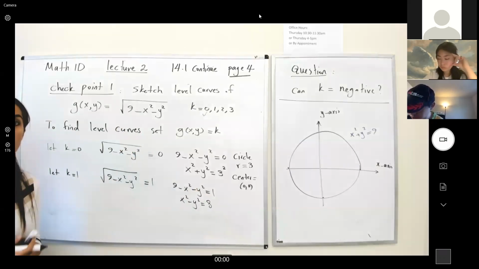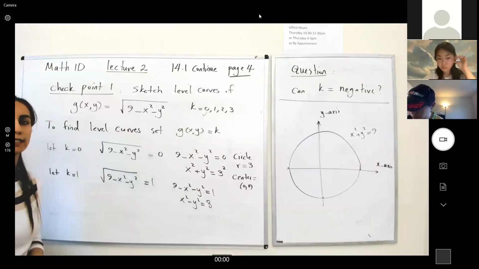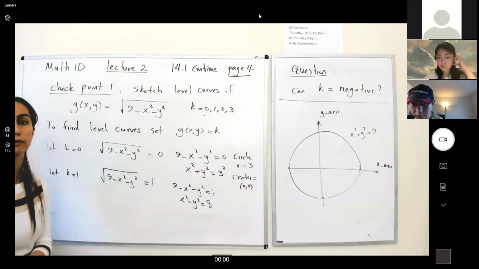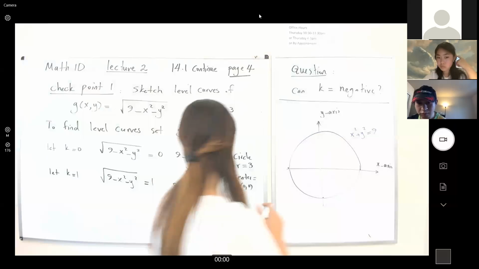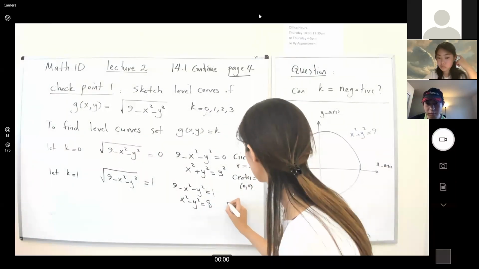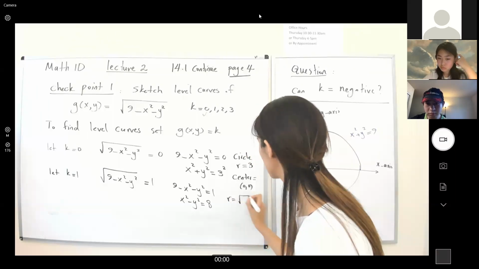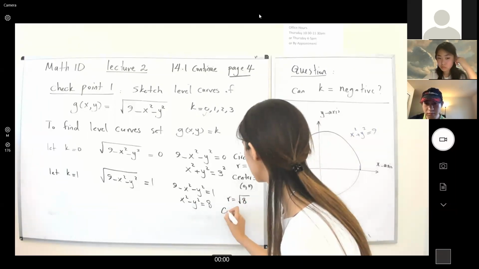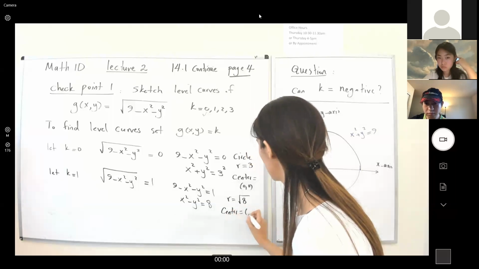So in this case, you have a circle with radius equal to square root of 8, 2 point something. So radius is square root of 8. Center is again at the origin.